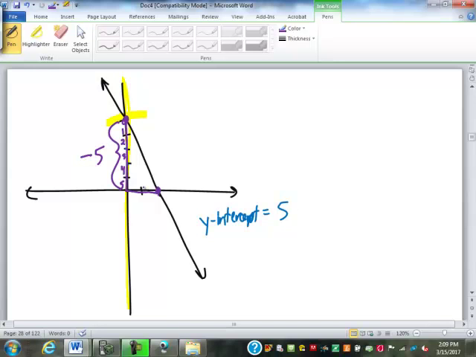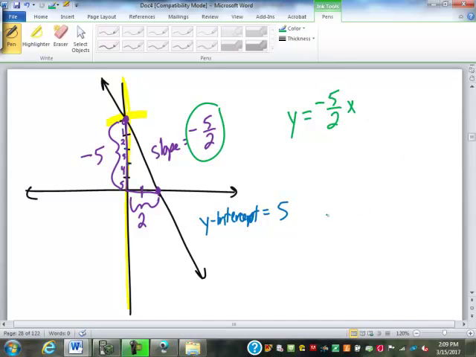Good, because we're going down. What's my run here? 2. Good. So the slope is -5 over 2. So the equation for this one is y equals slope times x. So it's -5 over 2 times x. My y-intercept is +5, so +5.